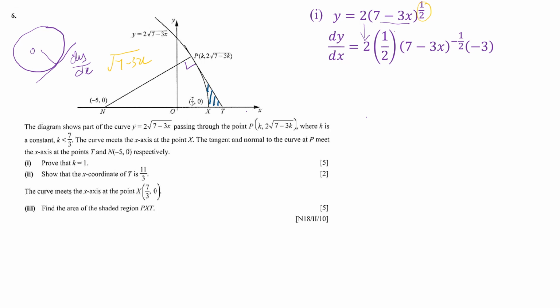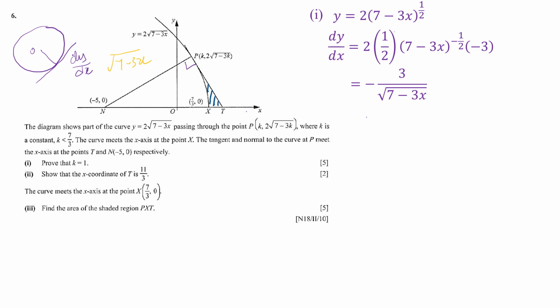So half minus 1 gives you negative half, and differentiate whatever is inside the bracket. So differentiate 7 get 0, differentiate negative 3x get negative 3. So this is what we have where we differentiate 2 bracket 7 minus 3x to the power half. So that simplifies. I would have 2 times half gives me 1 times negative 3 gives you negative 3.